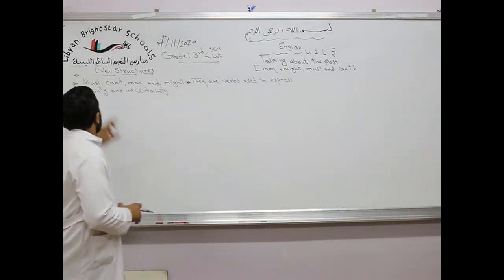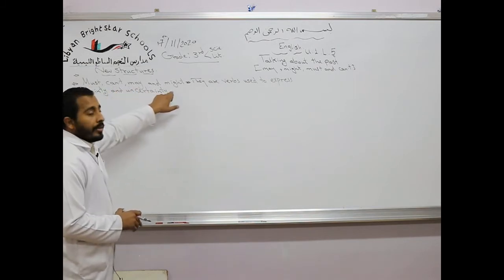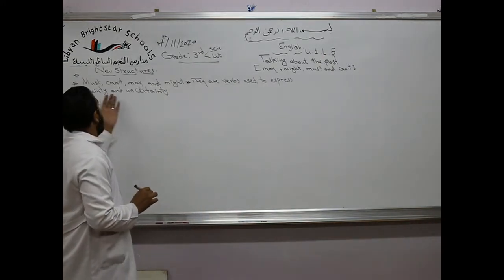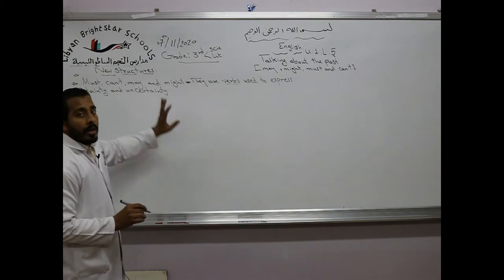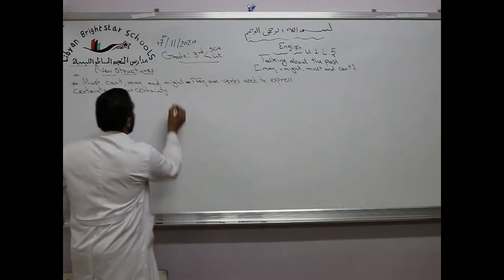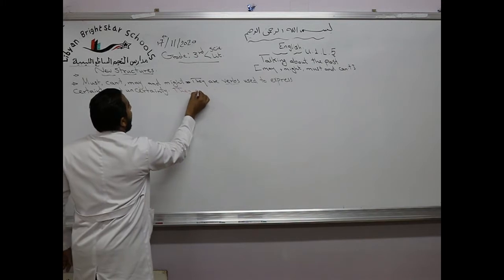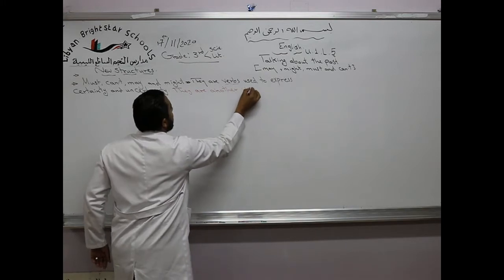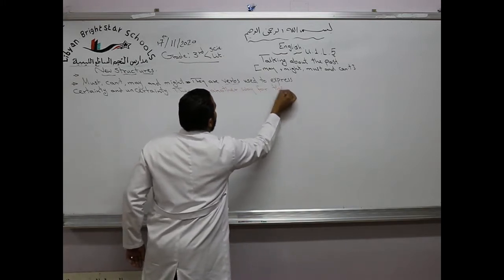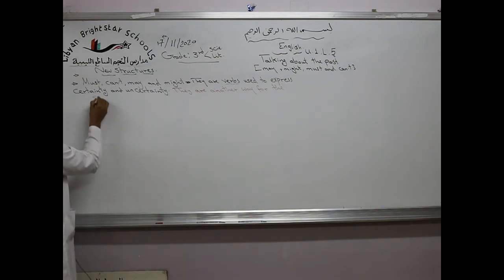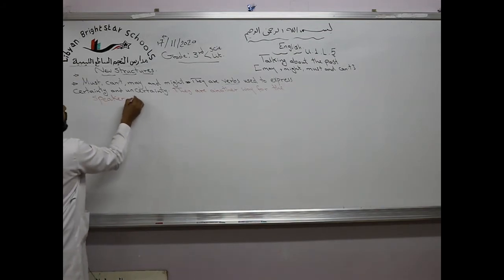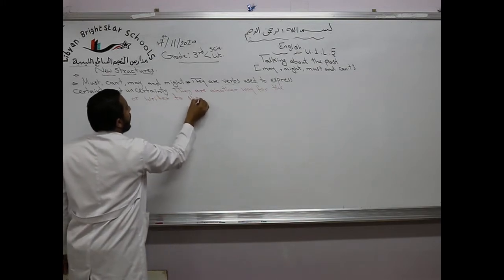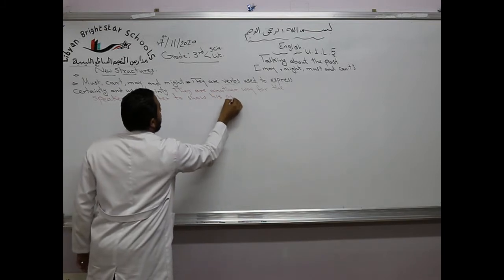Today, must, can't, may, and might. They are verbs used to express certainty and uncertainty, sure or less sure. They are another way for the speaker or writer to show his opinion.